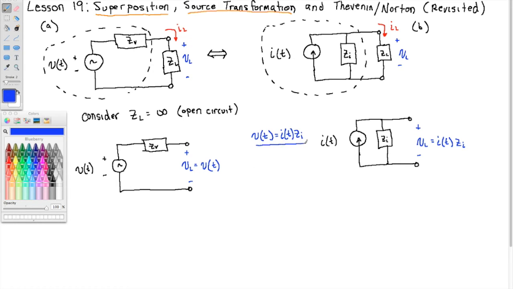Okay, and we'll come back to this in a second. But now let's consider another special case for the load impedance. Consider ZL equals 0, a short circuit.